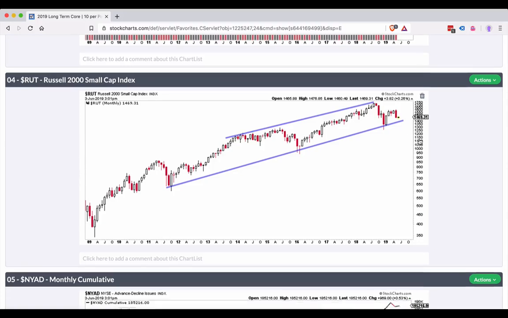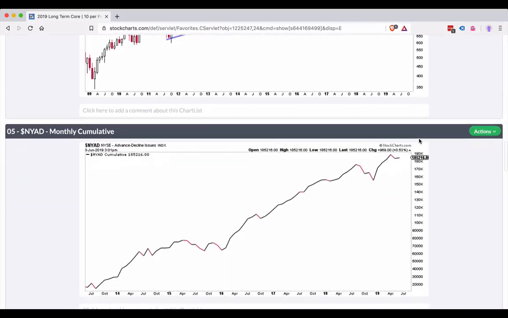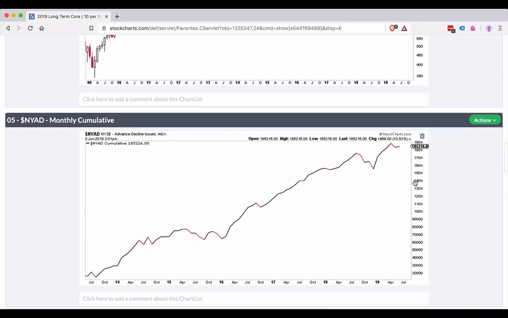Now, if we start to look at some breadth indicators, we have the NYSE monthly cumulative advance-decline line. This shows that, yes, we are in fact pulling off of those highs, but there's no divergence here, or no real warning sign, certainly by the way I interpret this indicator anyway, of an ugly scenario unfolding.